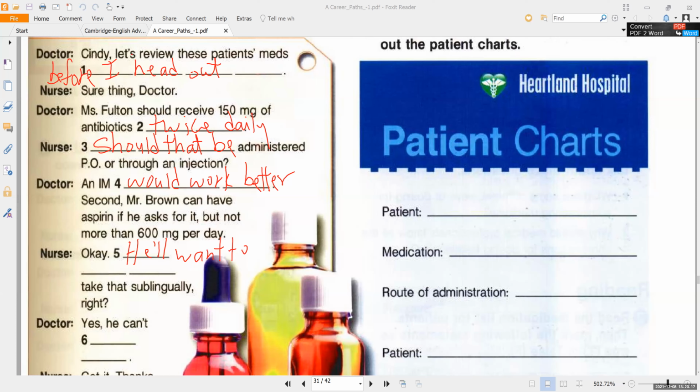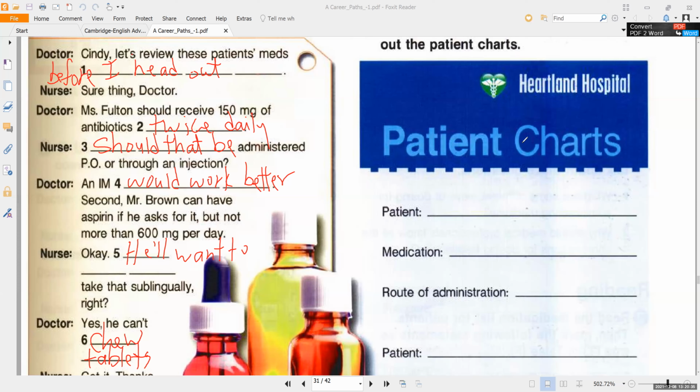Yes, he can't chew tablets. Got it. Thanks, Doctor. Have a good night. Yes. He can't chew tablets.